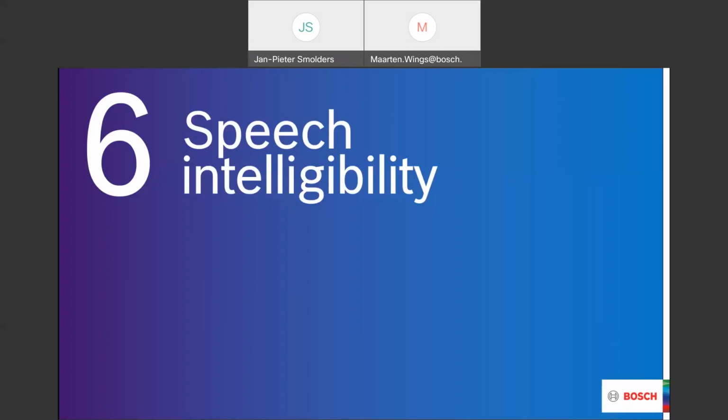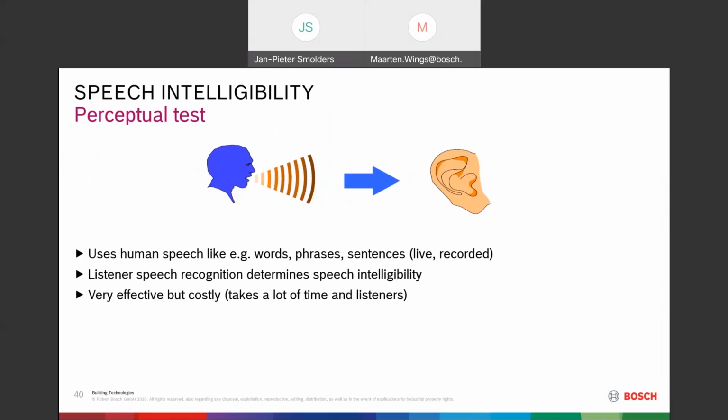Okay, then the final and important part is speech intelligibility. How do you measure this actually? How is this done? How do you know when something is intelligible or not? Now, one way to do this is by a perceptual test.